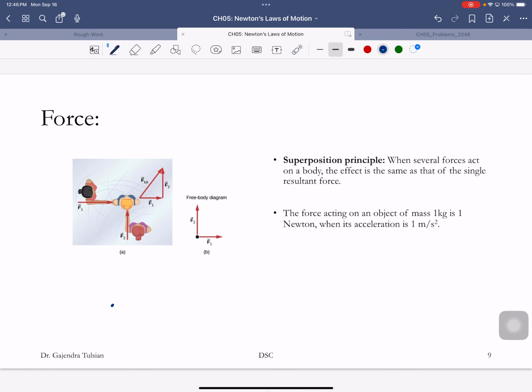If on an object you apply two forces, F1 and F2, or this single force, where that net force is the sum of those forces, if you look at the motion of this object, you can't tell if multiple forces are acting on it or a single force is acting on it. From the motion, you don't know how many forces are acting on the object. That's the superposition principle. When several forces act on a body, the effect is the same as that of a single resultant force.